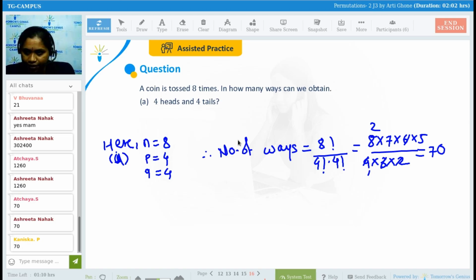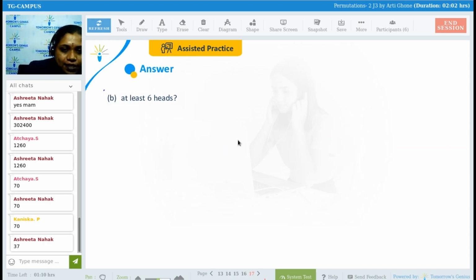So if I am getting at least 6 heads, the first case arises that 6 heads and 2 tails. Obviously, the 2 remaining coins are tossed, which will have no head result, meaning tails is the result, clear? So with the case of at least 6 heads, first I am writing the cases. It clearly means 6 heads and 2 tails.